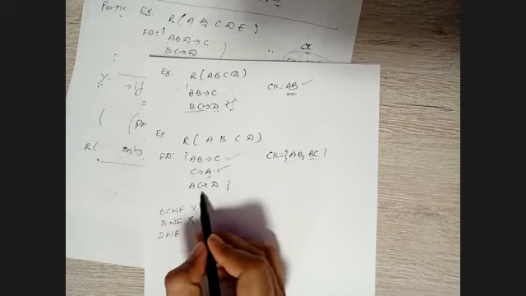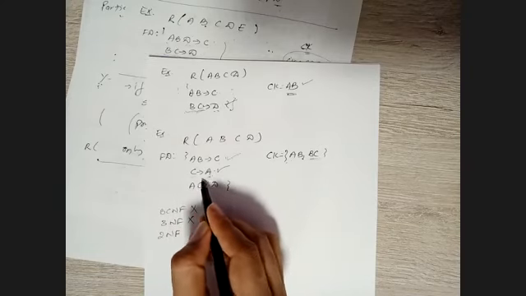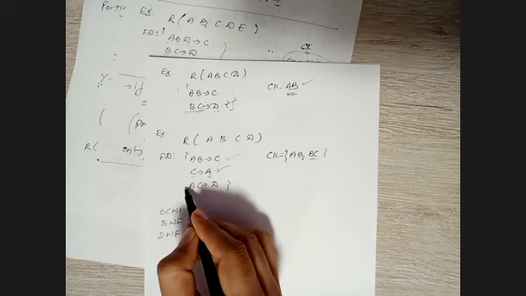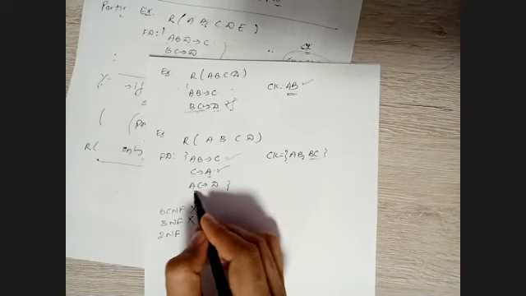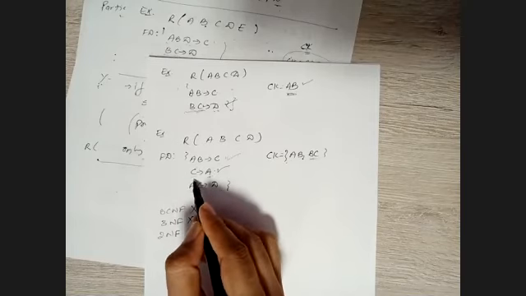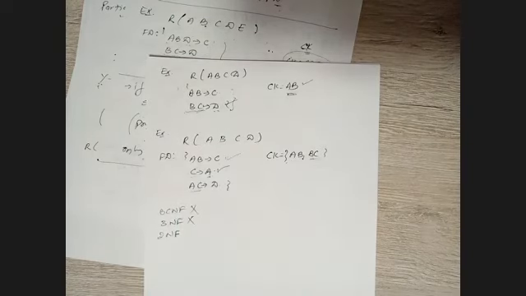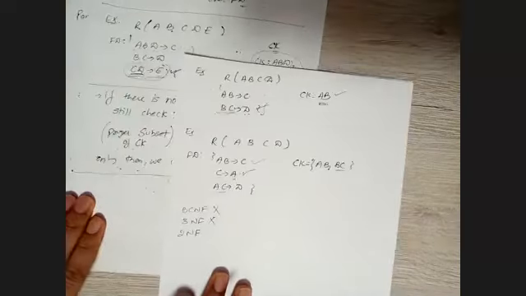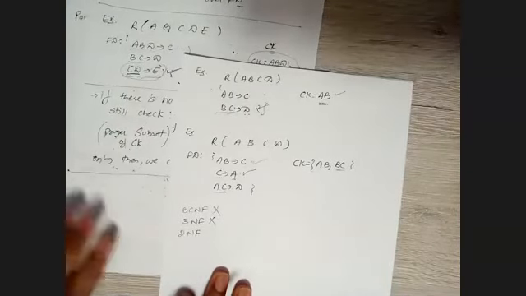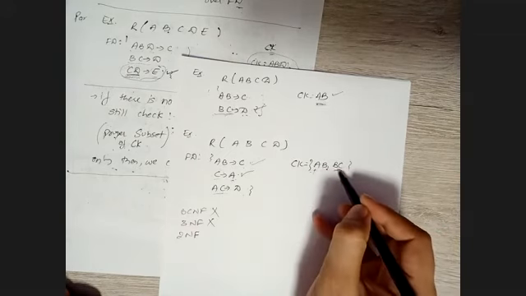Now see this part, AC. AC is a partial functional dependency candidate. Is it a proper subset of any candidate key? You can say A is from here and C is from here.